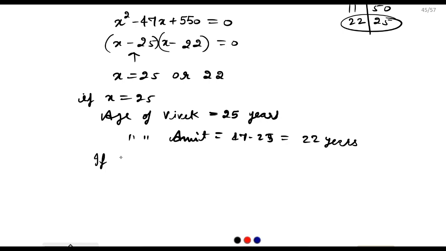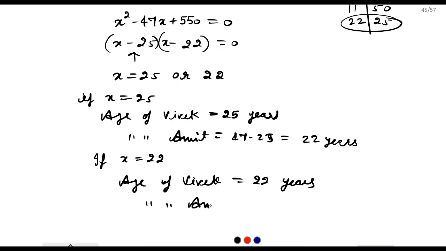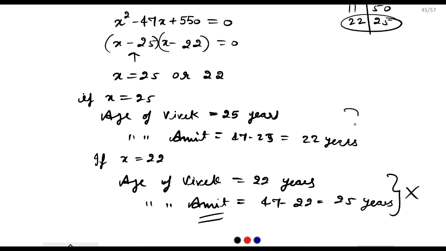And if x is equal to 22, it means age of Vivek is 22 years and age of Amit is 25 years, which is not possible because Amit is younger than Vivek, means answer is this.